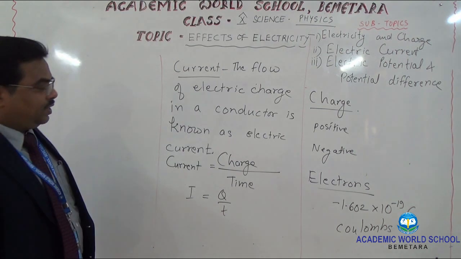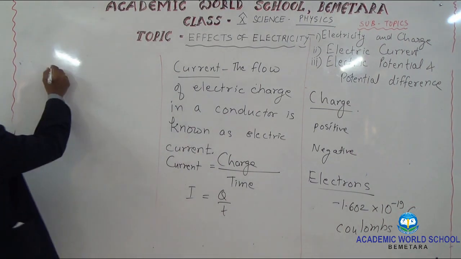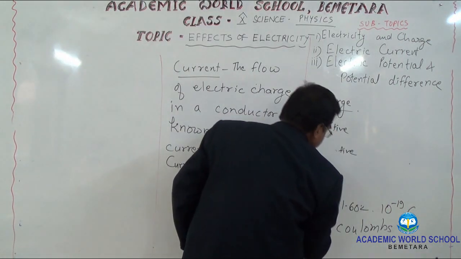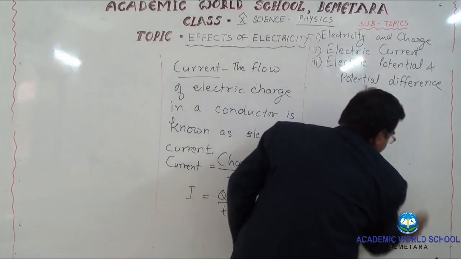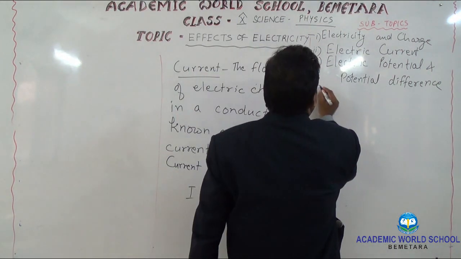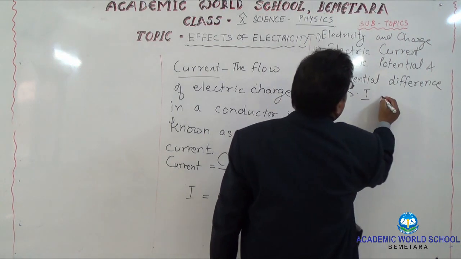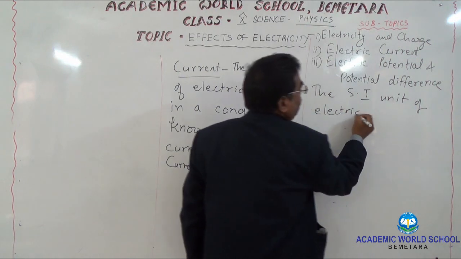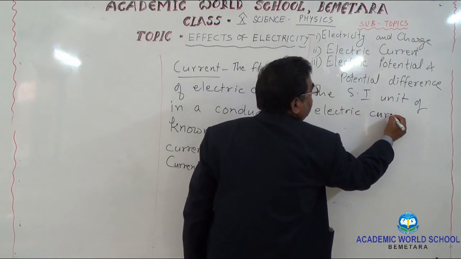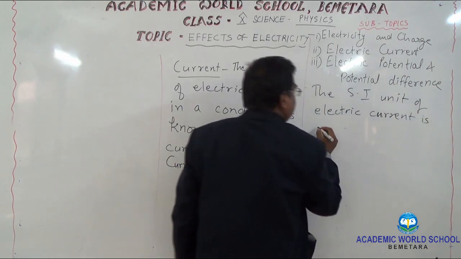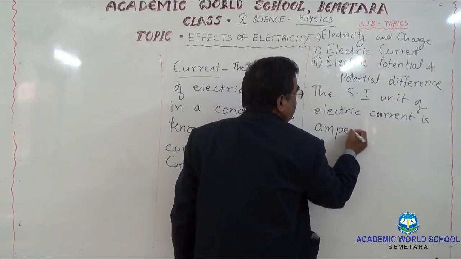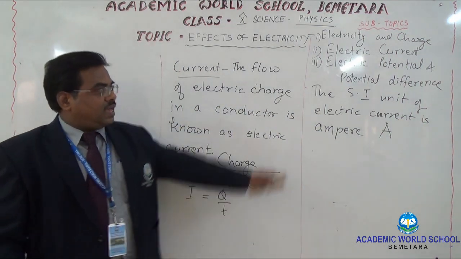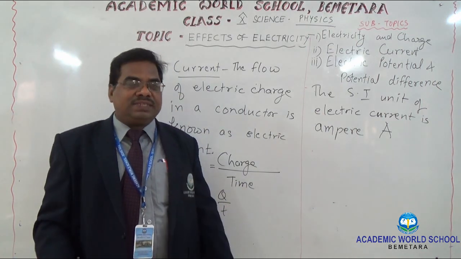The unit of electric current: the SI unit of electric current is ampere. Its symbol is capital A.